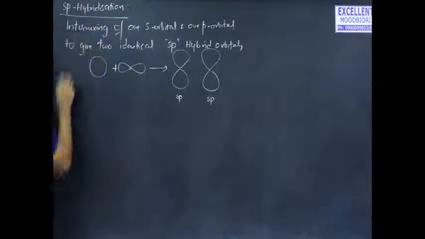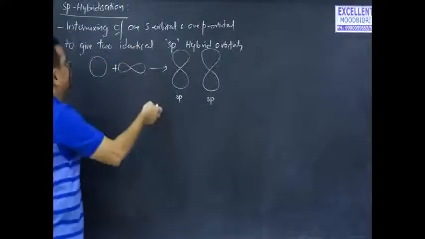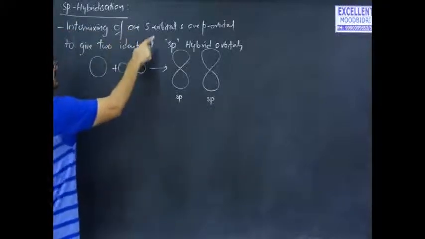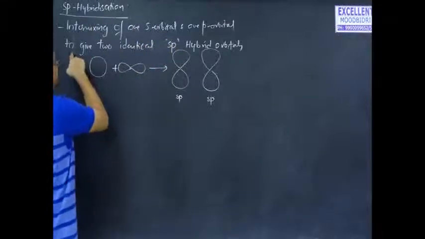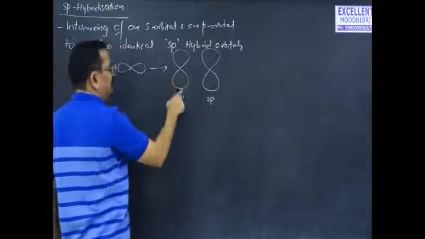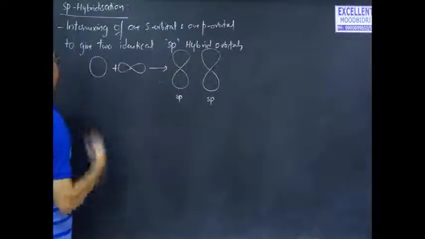So that's the definition. One should be very perfect in the definition first of all. Intermixing of one s orbital and one p orbital of a given valency shell of a given atom to give two identical sp hybrid orbitals is called sp hybridization.